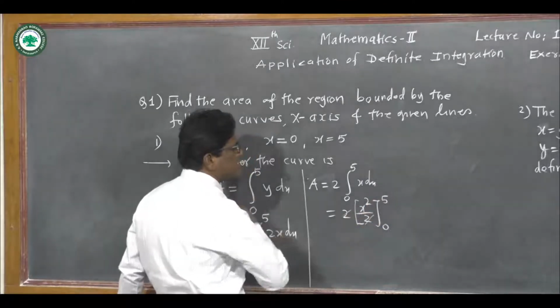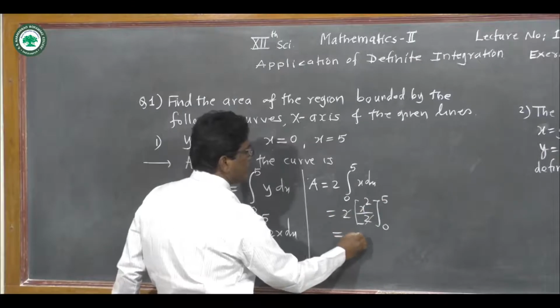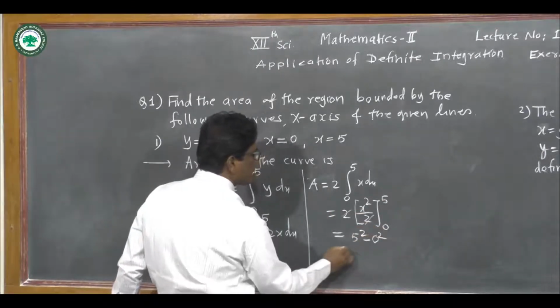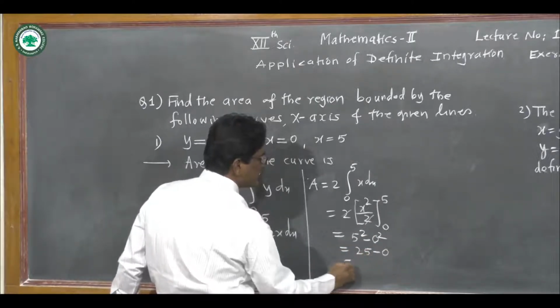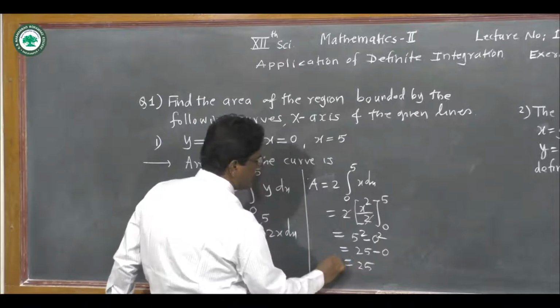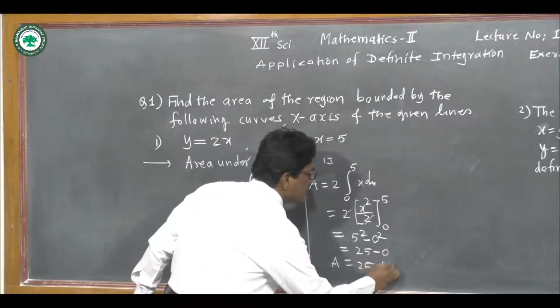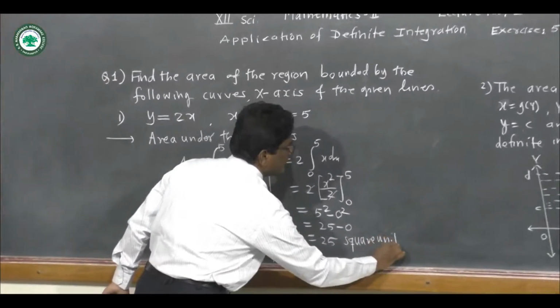This 2 and 2 get cancelled. So now put the value of x as 5, so 5 square minus put the value of x as 0, 0 square. So 5 square, that is 25, minus 0 square is 0. So this is equal to 25. And since it is area, we have to write the unit. Here write the unit as square unit.